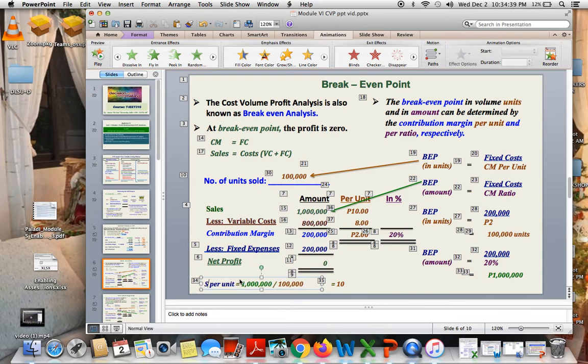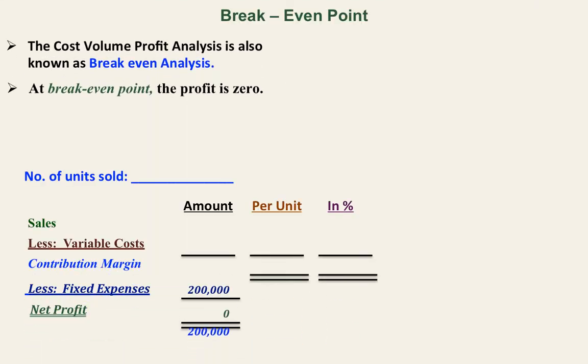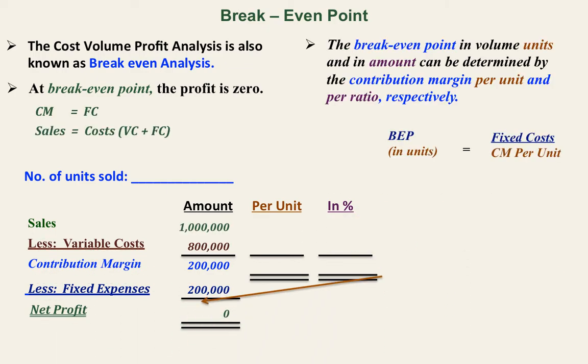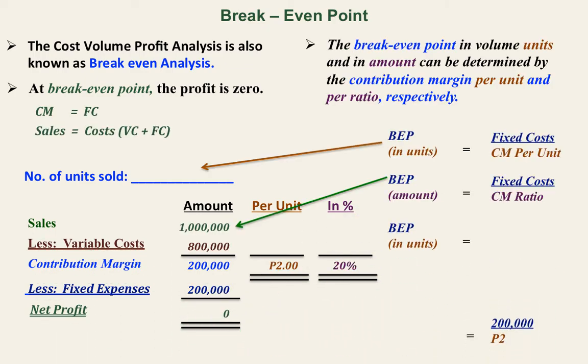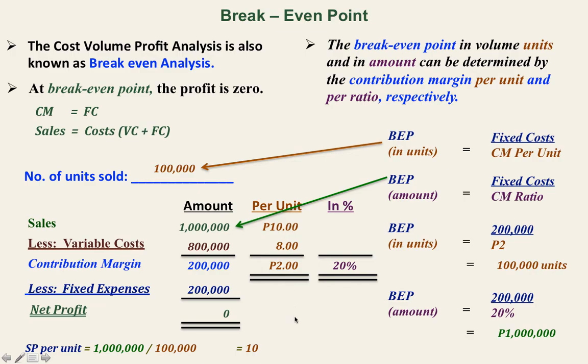So the selling price per unit can be determined by dividing the amount of 1 million by the number of units, and you will get 10 pesos. With that, you will be able to calculate it.